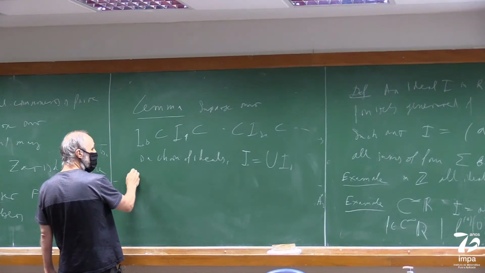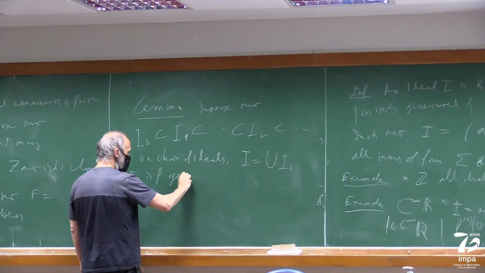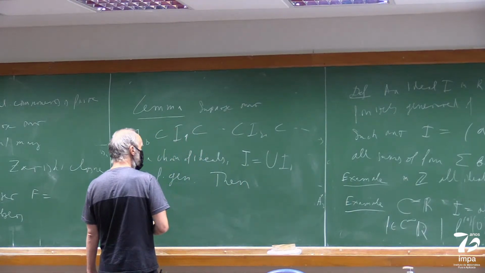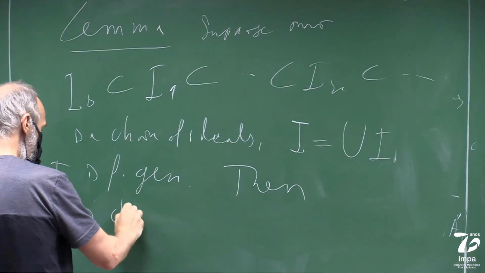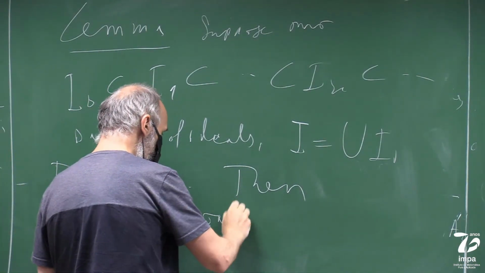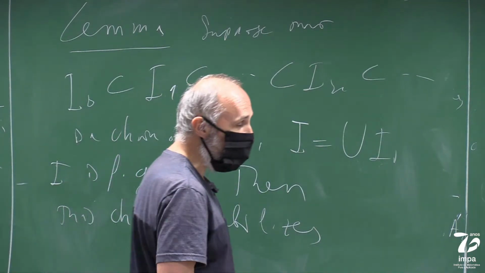And suppose that I is finitely generated. Then this chain stabilizes or terminates. So it's a finite chain.